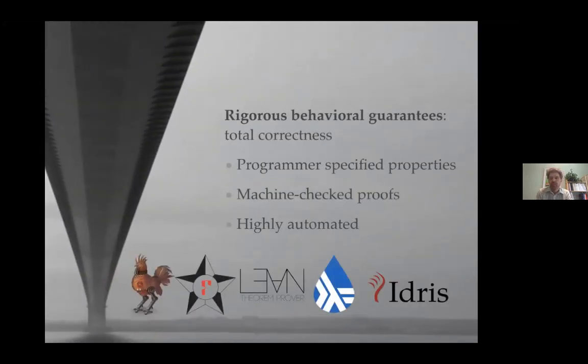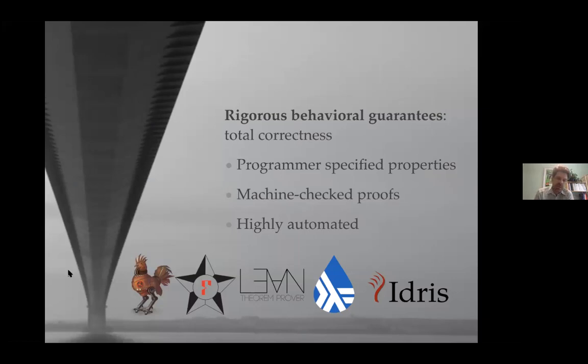Our community has built up a lot of these tools that have verification integrated technology in them. They let you prove rigorous properties up to total correctness. They're programmer specified properties, they often come with machine checked proofs, and many of them have high degrees of automation.